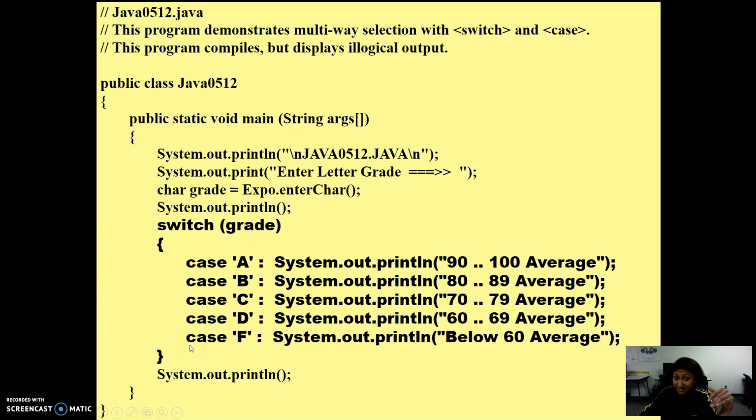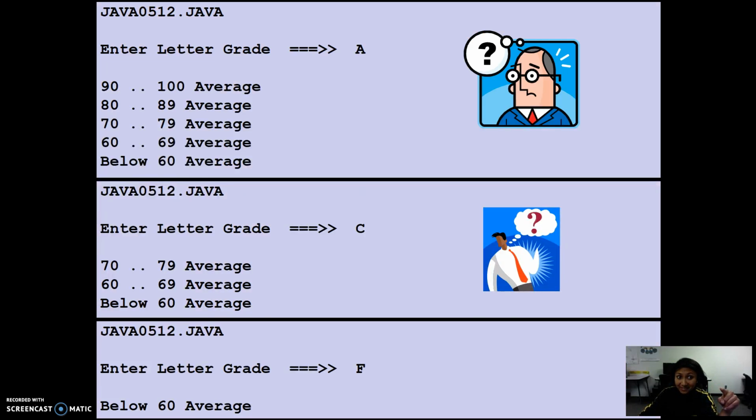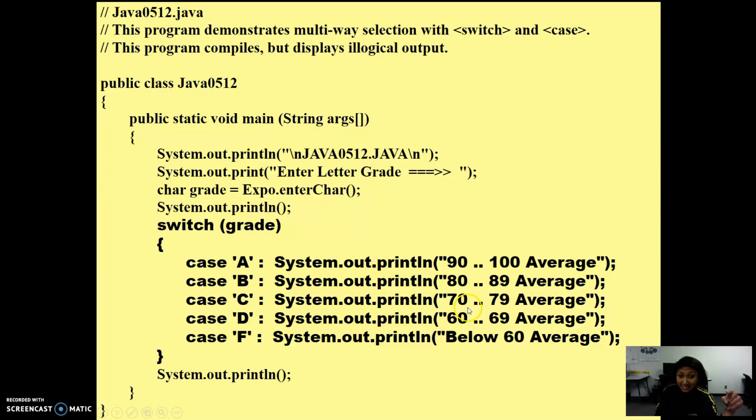So this is how it's going to behave without your break. If the user entered C, it did C, and then it did everything else also below C because it didn't see a break. Would you guess what would have happened if the user entered D?